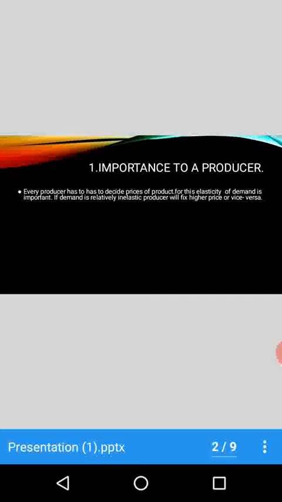Relatively inelastic means the price falls by 50%, demand rises by 25%. Then at that time, Mr. M fixes a higher price for his product.